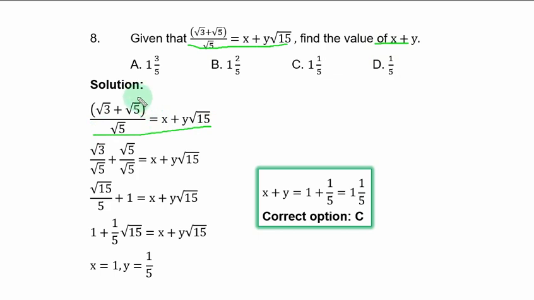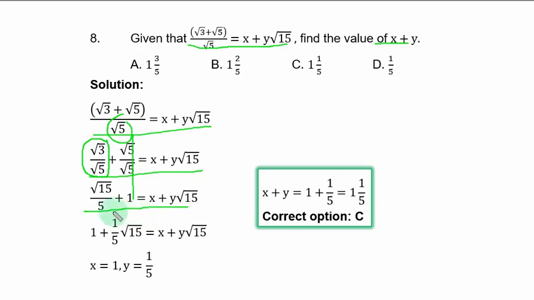Root 3 plus root 5, they can share root 5 in common. You can break it down, so you have it in this form. If you divide this term, you have 1, but you need to rationalize this term by using root 5 to multiply the numerator and denominator, and you have root 15 over 5 plus 1 equal to s plus y root 15.